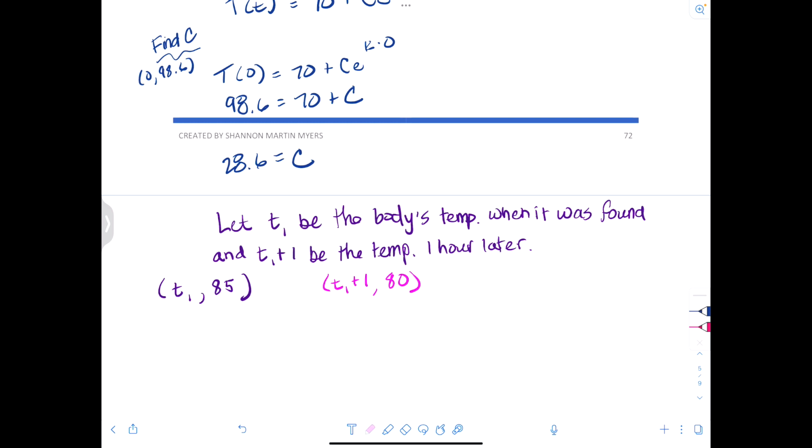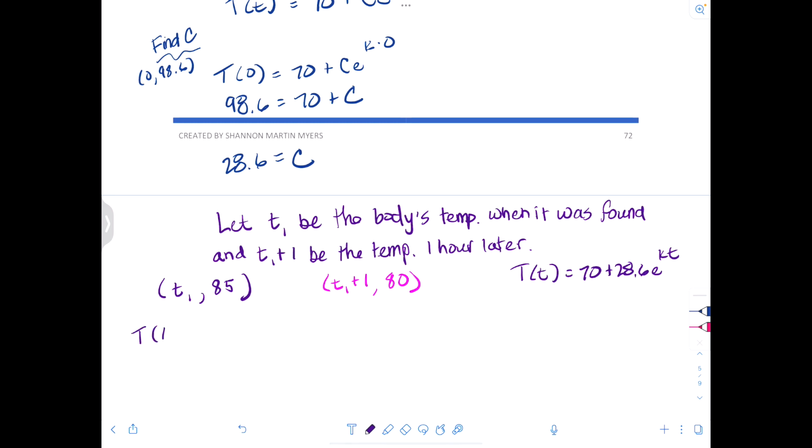So working with these two, and we have C, right? Remember we have T at time t is equal to 70 plus 28.6 e to the kt. So here we go.